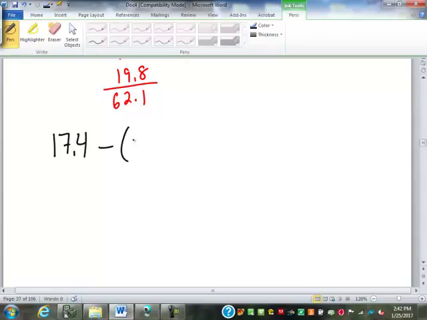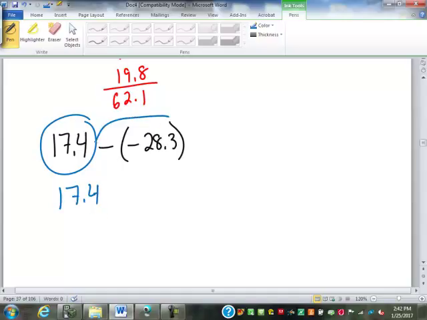So if I have a 17.4 minus a negative 28.3, what happens to the 17.4? Careful. Nothing. There we go. 17.4 stays 17.4. What happens to the minus a negative 28.3?